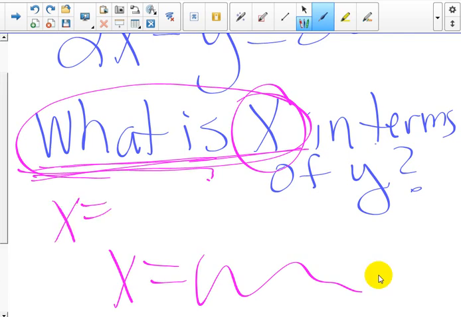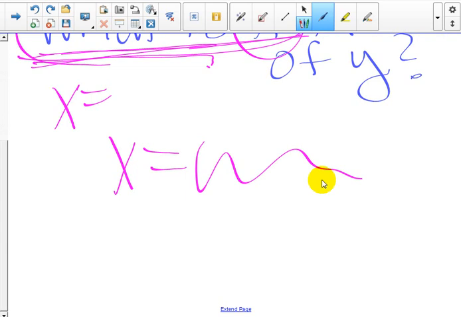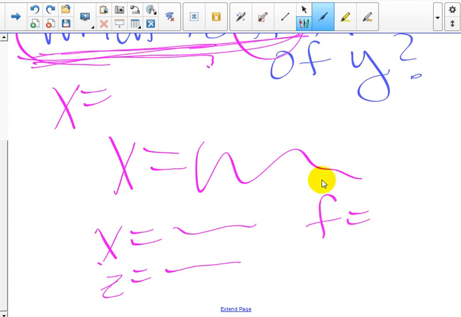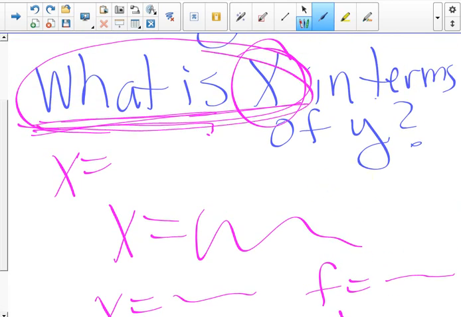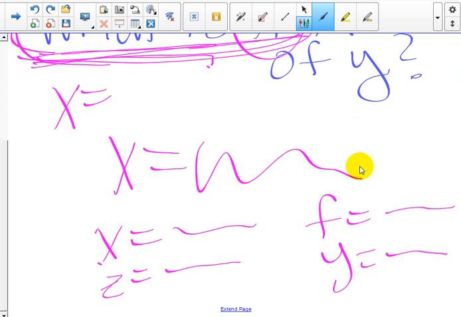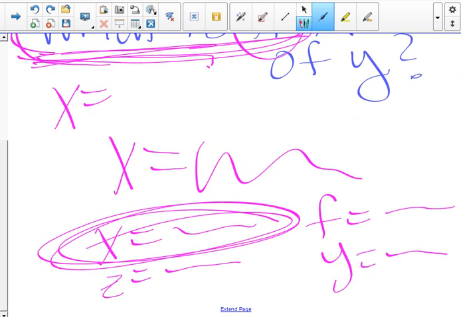Well, if I was doing multiple choice and I had an x equal this and a z equals this and an f equals this and y equals this, I wouldn't even have to know any further. When I see what is x, it's going to be x equals. So right off the bat, I would know it's got to be this one because that's the only one that's x equals something. So hopefully I've driven that point in pretty good.